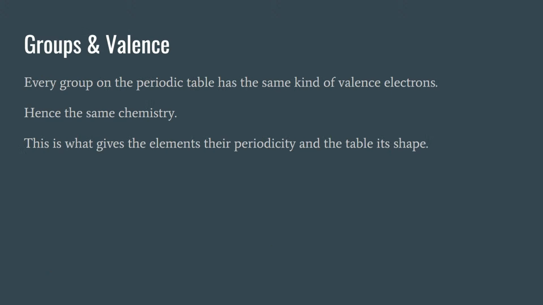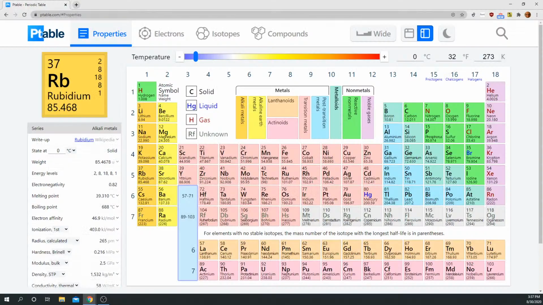All right, so when you're looking at the periodic table, every group on the periodic table, remember a group is a column, so every atom in the halogen group has the same valence. We look at fluorine, 1s2, 2s2, 2p5. It ends at 2p5.